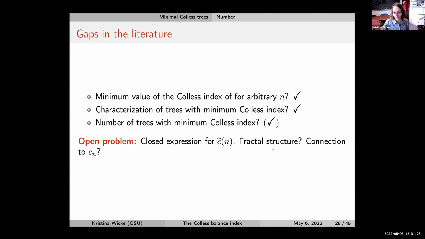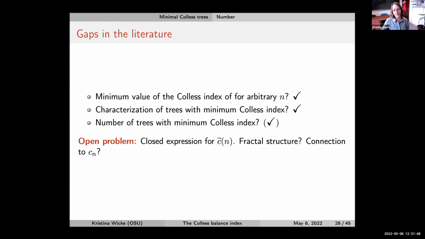And if it is fractal, then can we maybe find a connection to the sequence Cn? So is there maybe a direct connection between the sequence Cn of minimal values and the sequence C tilde of n of minimal trees? Okay, however, I'll leave that. That's currently an open question.